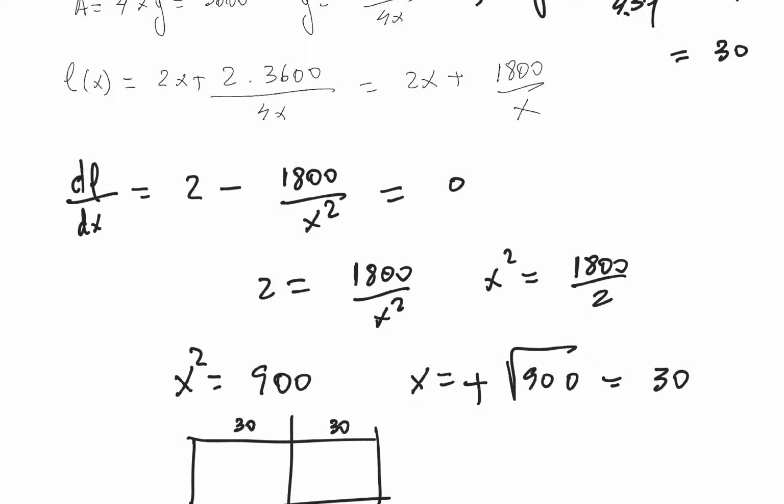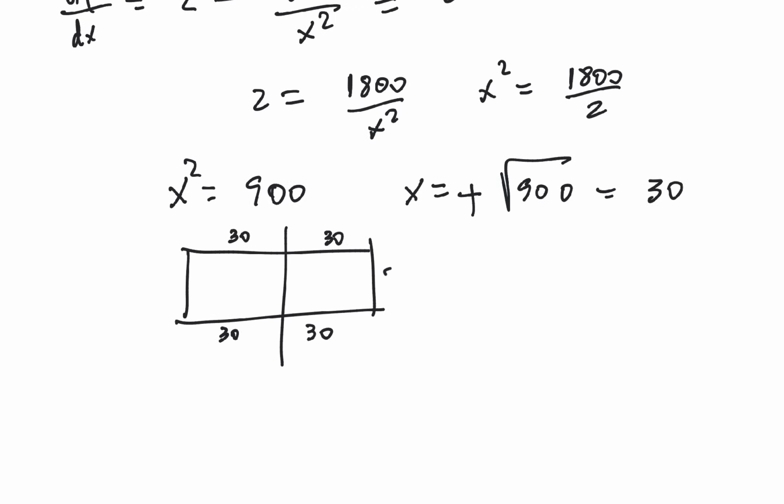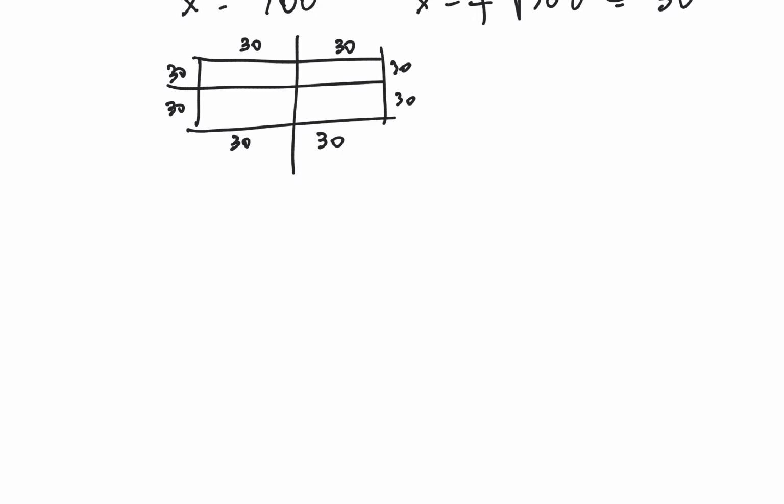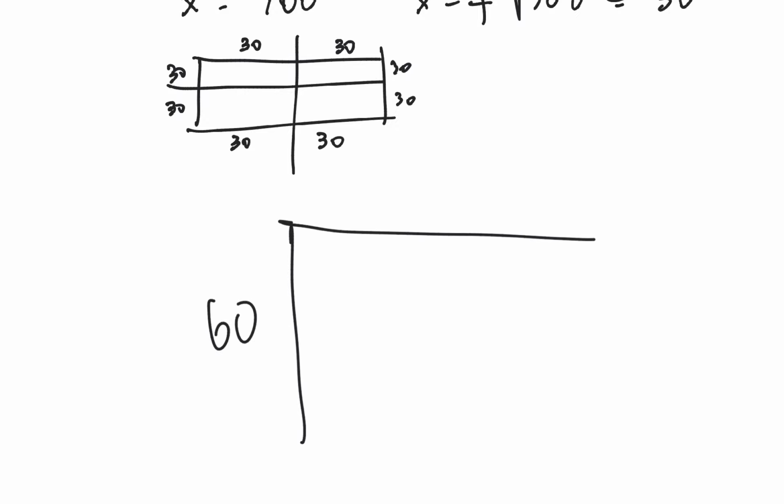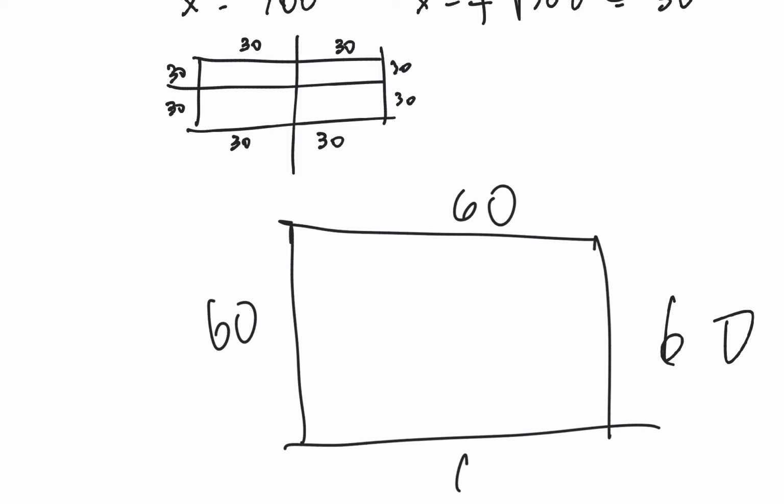So it's a rectangle, this is 30 and the y is 30, 30 and 30. So at the end it's a square, right? It's 60 here, 60 here, 60 here, and 60 here.